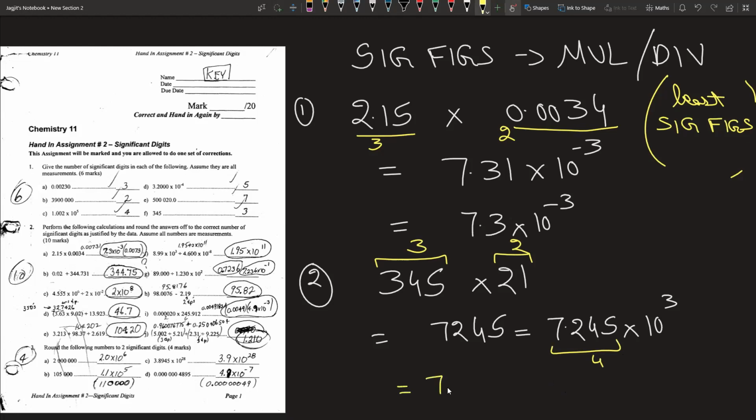So you would rewrite this as 7.2 times 10 to the power 3. And there you go, guys. Now you only have 2 sig figs. And this can be written as 7200. So had you left this as 7200, that would have been fine too, because it's the same as that. Do you guys understand that? But I always convert it to scientific notation. It makes my job easy.